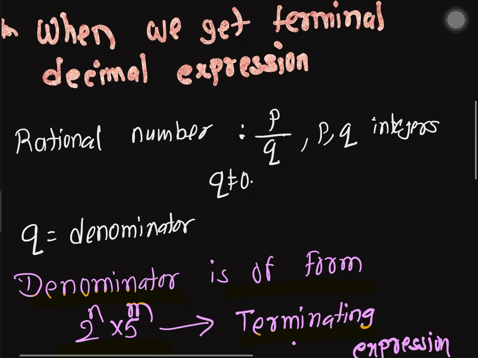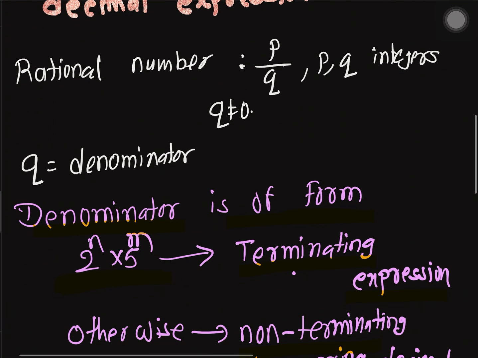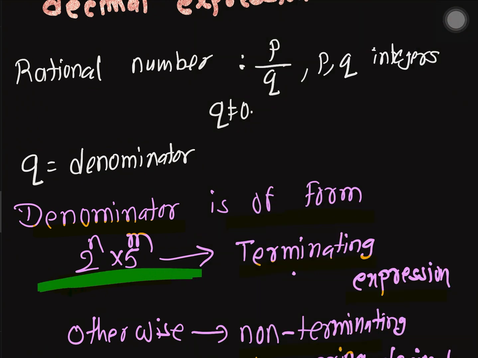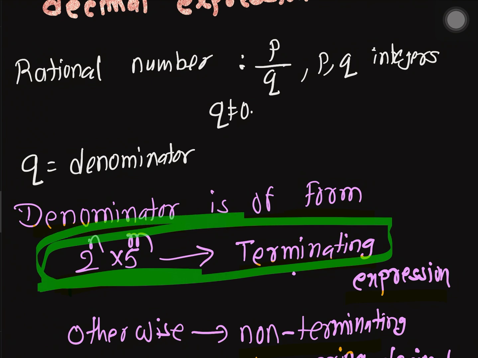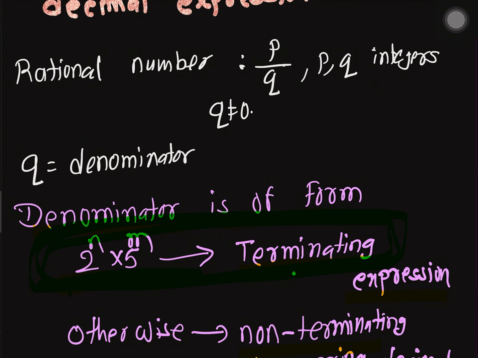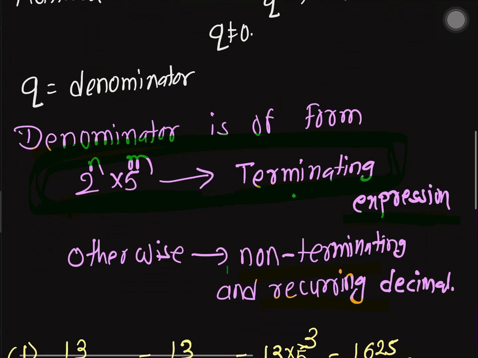The rational number is of the form p by q, where q is the denominator. If the denominator is of the form 2 raised to n into 5 raised to m, that means what? They are the factors of 2 and 5 only. Then you will get a terminating expression. Otherwise, you will get a non-terminating expression.